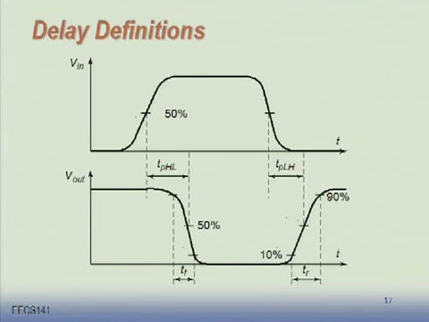How do we calculate propagation delays? I mean, we have waveforms that look at the input something like that. Adopt a convention, and that convention says that propagation delay is calculated from 50% to 50%. 50% of VDD rising waveform to 50% of VDD.